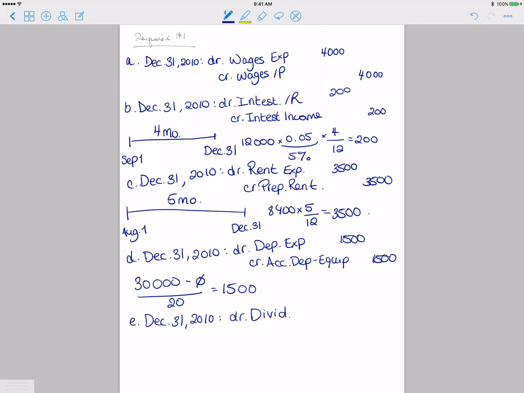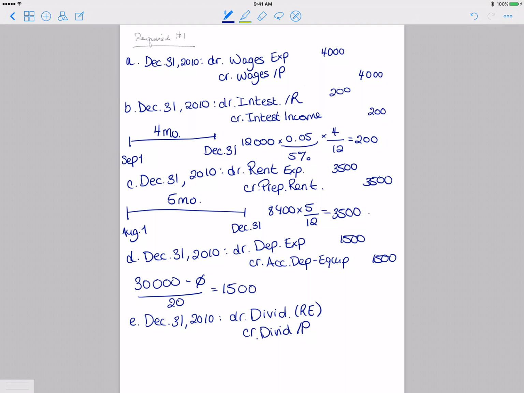Usually dividends is an account that we will close in our closing entries to retained earnings, but you can either create an account and then it'll be closed later on, or we can simply go straight to retained earnings. You should ask your teacher or your TAs, and they'll tell you which one is accepted or preferred. And we're also going to credit our dividends payable, which will be paid in the following year.